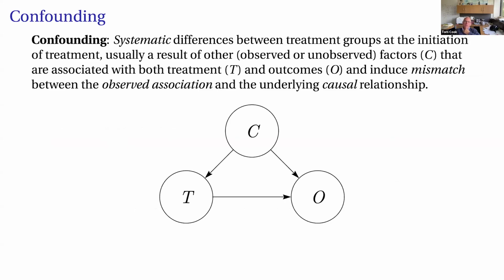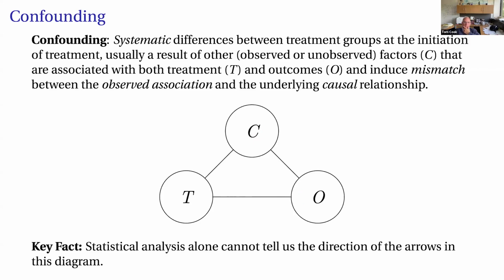So here's just a picture that illustrates the C represents causal potential confounding factors, could be associated with treatment, they could be associated with outcome, and then we have some association, causal association between treatment and outcome. But what we might observe when these confounding factors are present is an association between treatment and outcome that's not causal, it's induced by this confounding.